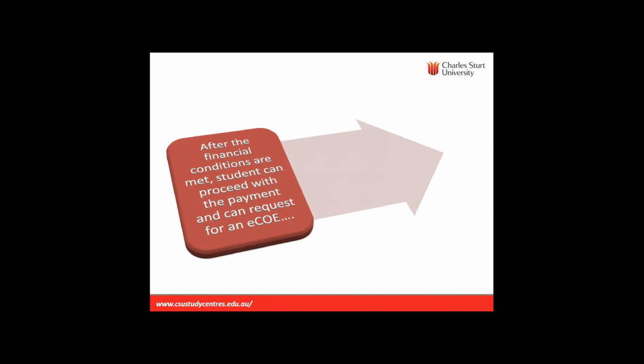After the financial conditions are met, the student can process their payment, request an ECOE and then apply for a visa, and when the visa is approved, we are happy and traveling to amazing Australia to start our academic course.